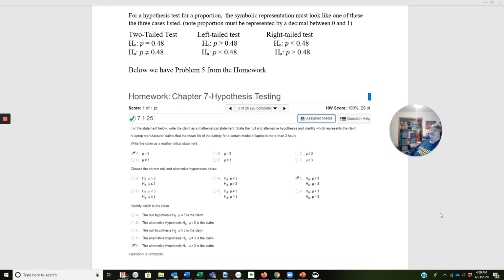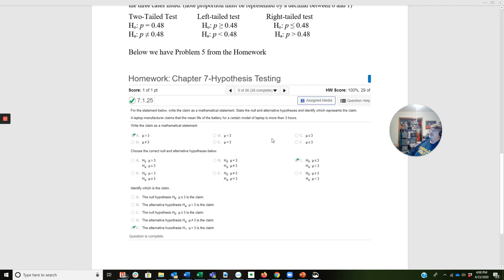State the null and alternative hypotheses and identify which represents the claim. A laptop manufacturer claims that the mean life of the battery for a certain model of laptop is more than 3 hours. People that use electronic devices know this is a big deal.